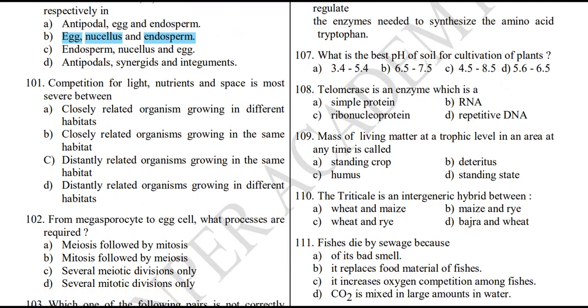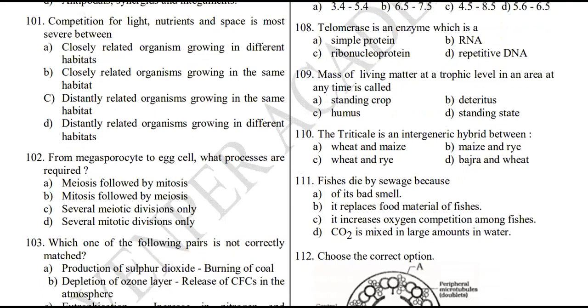Competition for light, nutrients and space is most severe between which of these things? Suppose there's going to be a competition between two people, and there's one trophy and people are competing for that one trophy, right? Which means there is a need for that one trophy by two people. The same way, if animals want light, nutrients, the same space, it is closely related animals that want the same things.